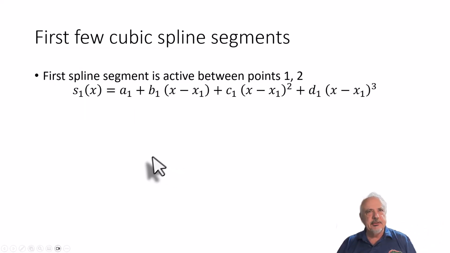This is the first cubic spline segment, which goes between points 1 and 2, and we denote it as S sub 1. We're writing it as a cubic, so we've got these coefficients A1, B1, C1, D1. We don't know them yet.